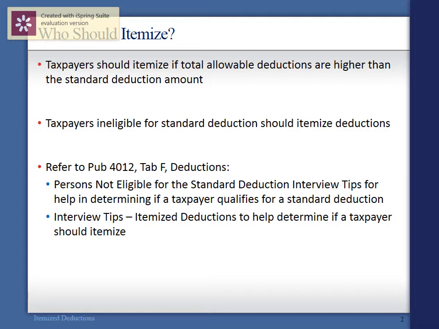The standard deduction is a set amount that is put in place every single year, and that amount may be taken in place of itemizing in most cases. Now, there are cases where taxpayers are required to itemize their deductions rather than take the standard deduction, and we will talk a little bit about those scenarios shortly.